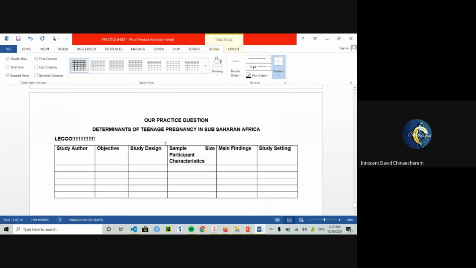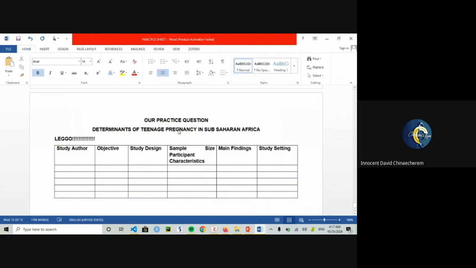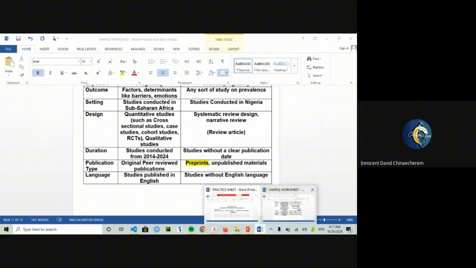In my participant characteristics, I'm going to extract information on the age group of the participants included, and also the number of people that participated in that study. Since I have now gotten this information from my inclusion and exclusion criteria, I've been able to at least build up what this should be.